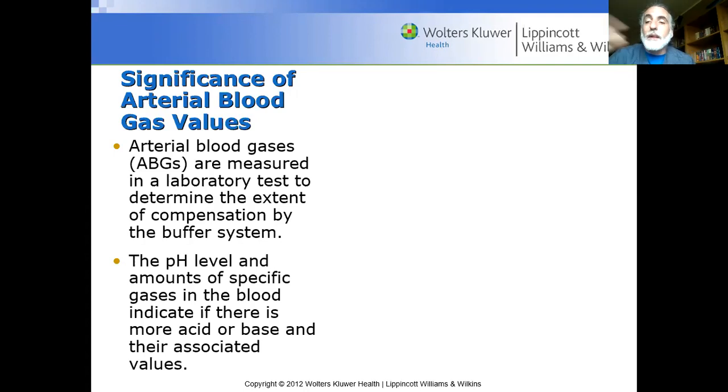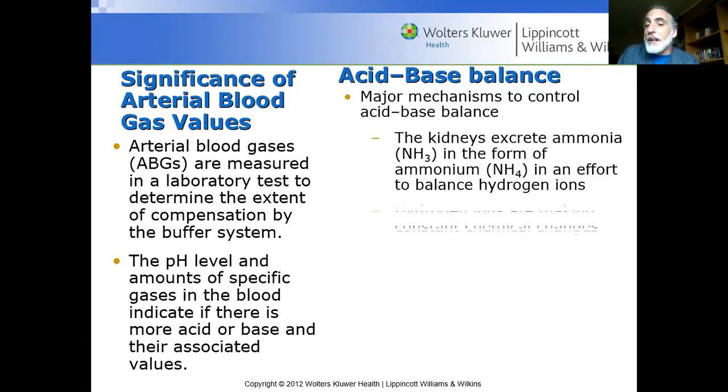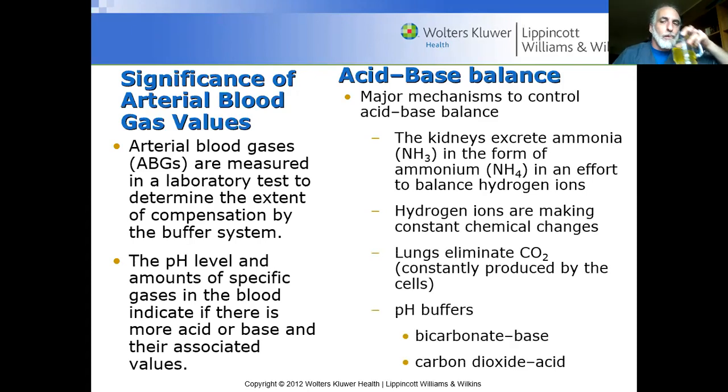Okay, so it can tell you what's going on inside the body. And there are a lot of things that can affect your acid-base balance. The ABG is going to give you a window as to what is happening inside the body. So, major mechanisms, right?